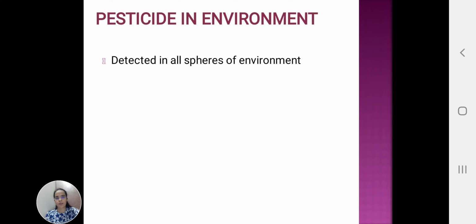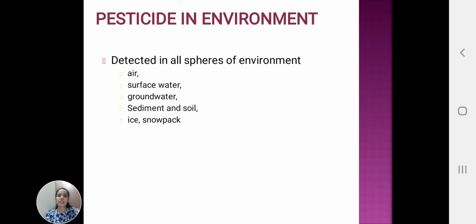Pesticides in the environment. Pesticides are detected in almost all spheres of the environment because they are very persistent, they are low biodegradable, they do not degrade easily, and therefore they are found in air, surface water, groundwater, sediments and soils, ice, snowpacks, wildlife, and even in human beings.